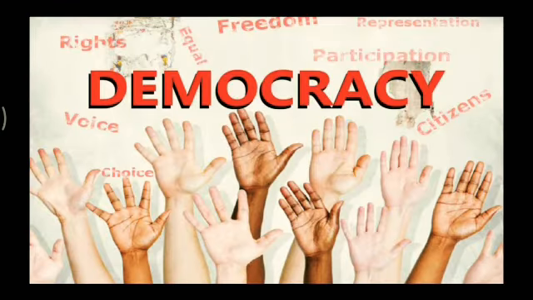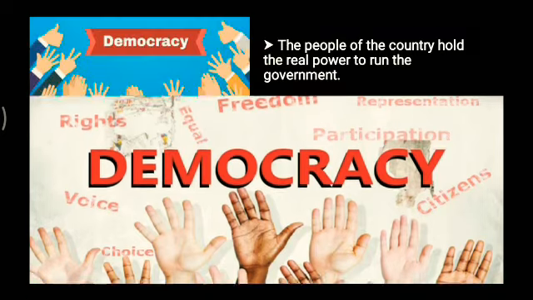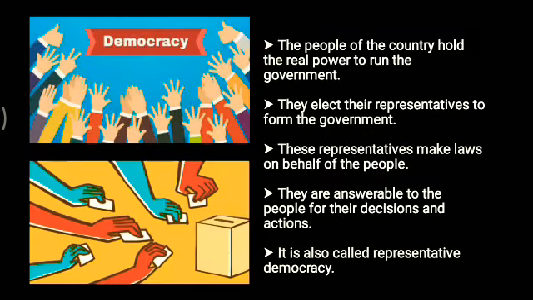Now we all know that in a democracy, the people of the country hold the real power to run the government. However, they do not participate directly in the process. Instead, they elect their representatives by casting votes to form the government. These representatives, in the form of MLAs and MPs, make laws on behalf of the people.